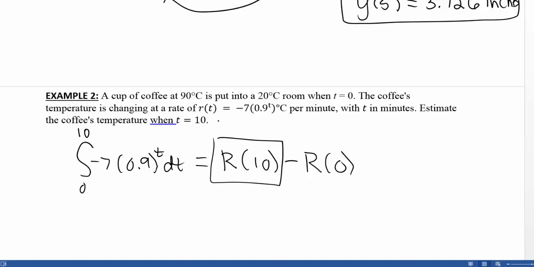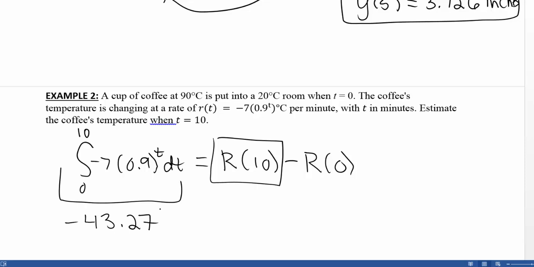So if I were to integrate this rate, this function here, I'm going to use my calculator, and that's going to tell me how much the temperature changed. Here, if I integrate that, I get -43.27. Let's talk real quick about units.